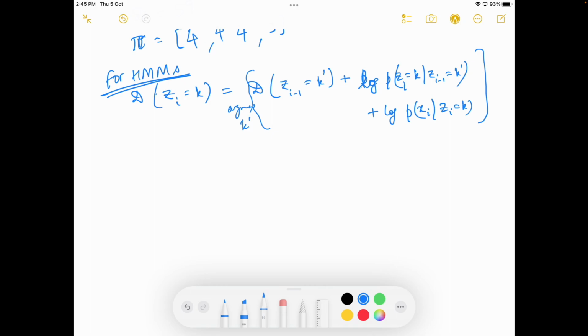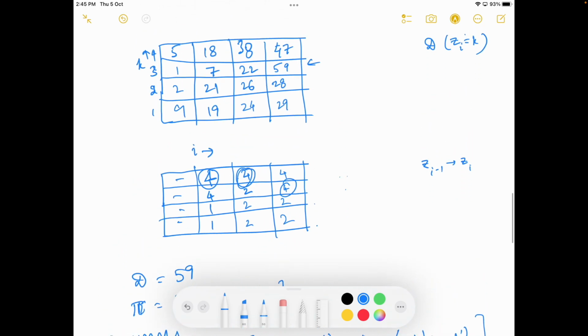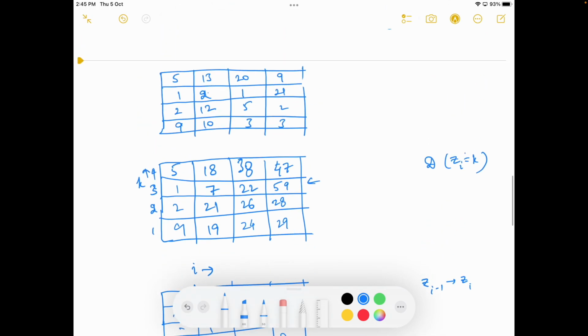Can you please explain once how to calculate the path? How to compute the path? Okay, so we know that ideally we should reach here, the first one. If I reach this cell from the optimal path, I will gather 59 points.